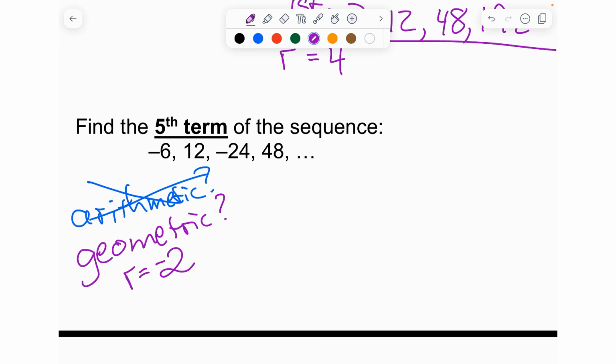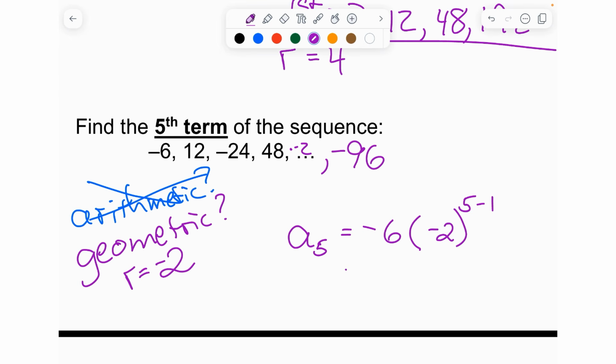Now, since I'm only looking for the 5th term and I have the 4th term, could I just multiply by -2? Most certainly. That'd probably be the easiest thing to do. I have my answer, I have my 5th term. But yeah, I could plug into the geometric formula: first term, common ratio, and then the 5th term minus 1.